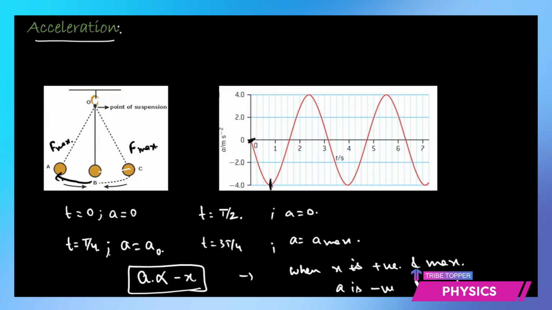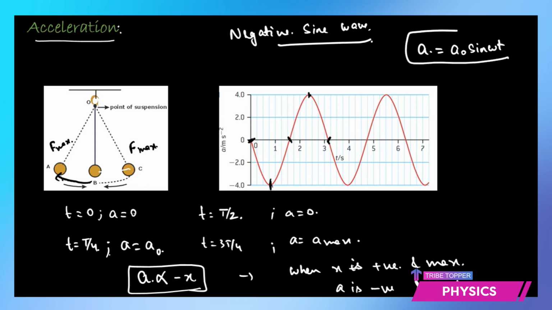Then it comes back to 0 at the mean position, and then in the opposite extreme position, when x is negative, your acceleration reaches the positive, and then it drops to 0 again. So you have a sine wave again, but this is a negative sine wave. Since this is a reflected sine wave, the negative sine wave would indicate that your acceleration equation for any instant would be A is equal to A naught sine omega t.